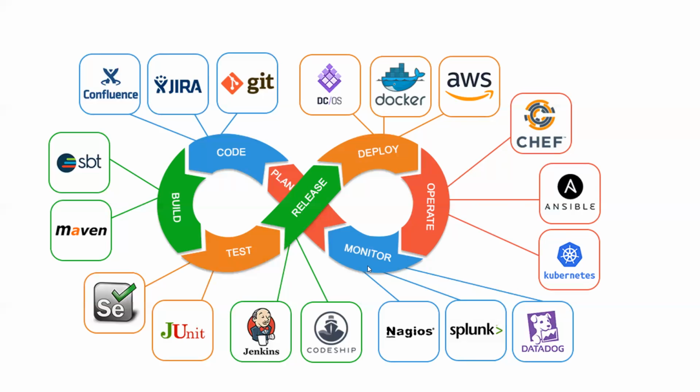Then after that, Splunk is a very famous application which is used to monitor the deployed application for any errors: runtime errors, logical errors, hardware errors, software errors, etc. Nagios can also be used for that. Any problems that come up in this whole deployment and operational process are then sent back to the coding team, and they are able to execute the whole process very quickly again. So that's the essence of the DevOps process.